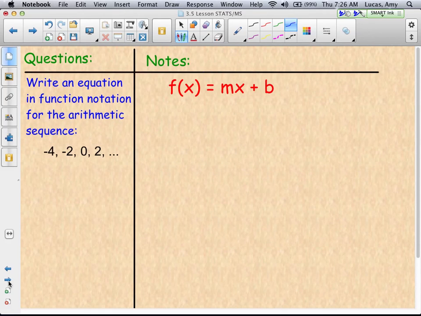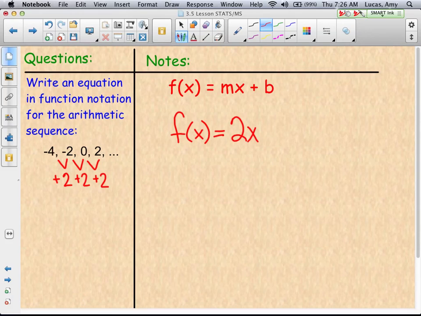Okay, here's the next one. So the common difference on this sequence, each time, if it goes from -4 to -2, it's going 2 to the right. So it's increasing 2. -2 over to 0, increasing 2 again. So f of x equals 2x because it was increasing by 2.